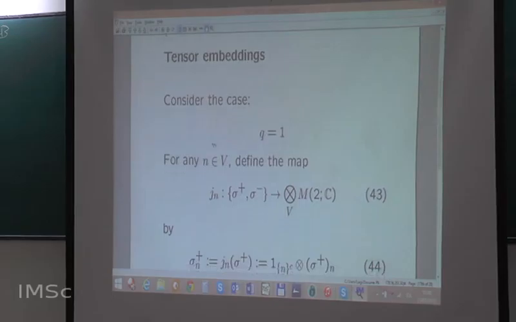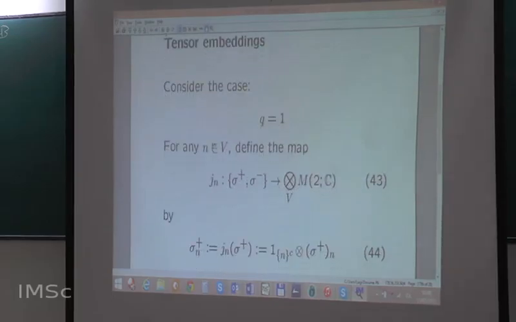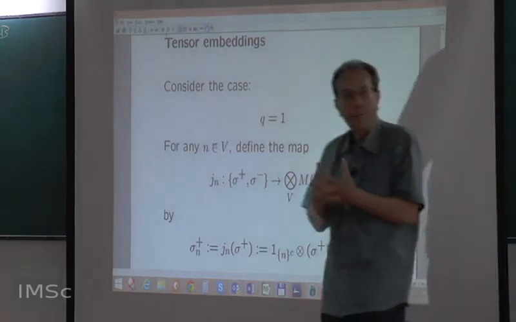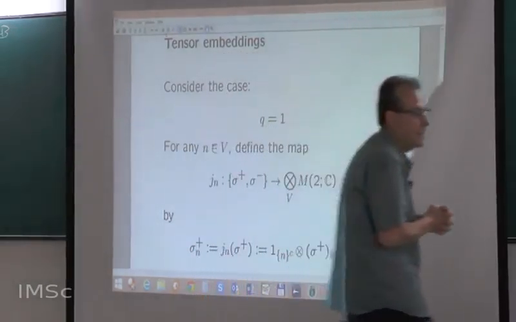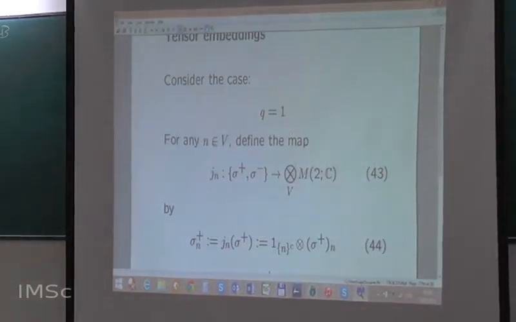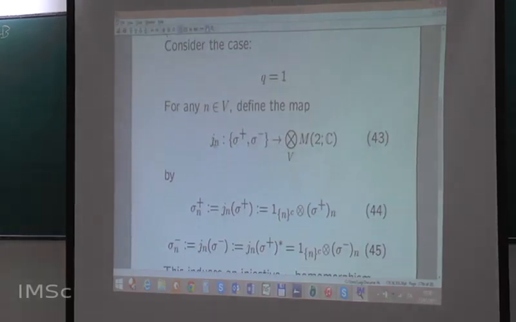Now we come to the basic ingredients of the central limit theorem. In the central limit theorem, you have two fundamental ingredients. One is independence. The other one is embedding. In the von Waldenfels lemma, we did not speak of embeddings. Now we begin to speak. And we consider the most famous and, in some sense, most important embedding, which is the tensor embedding. The tensor embedding simply means that I have a set V. Remember, V means the vertices of a graph.